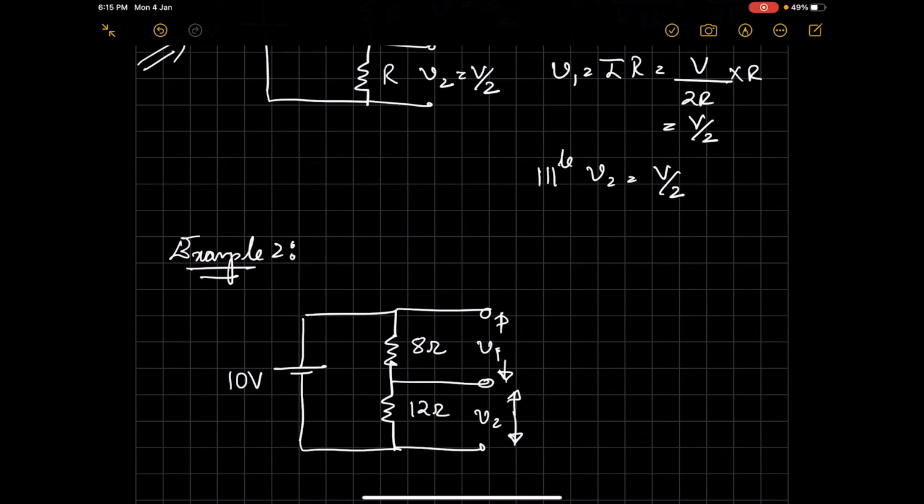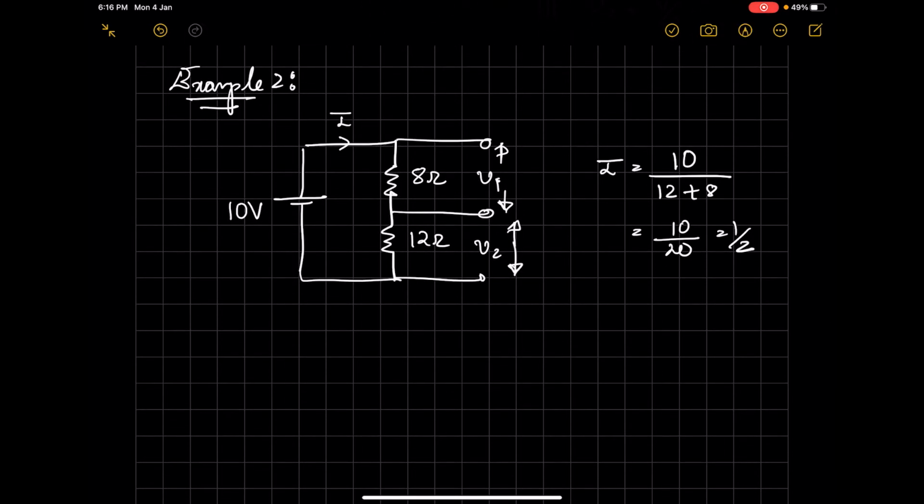The first thing we need to do is finding the current I in the network. I is nothing but the voltage applied, 10, divided by the total resistance in series, that's 12 plus 8, which is nothing but 10 by 20 or half.